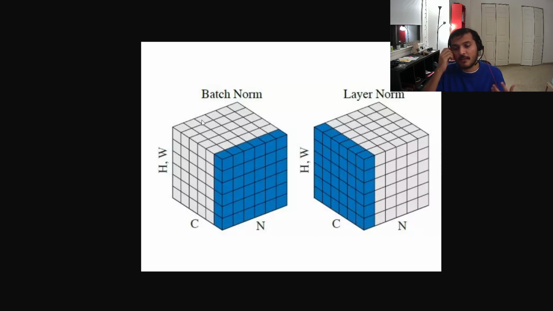So that's how batch norm works. But layer norm works on a per instance basis. So you do the averaging per instance. You just look at the first n and you compute the statistics over here, and then for the second n you compute the statistics. So for each element in the batch, the statistics are different. So that's how layer norm works.